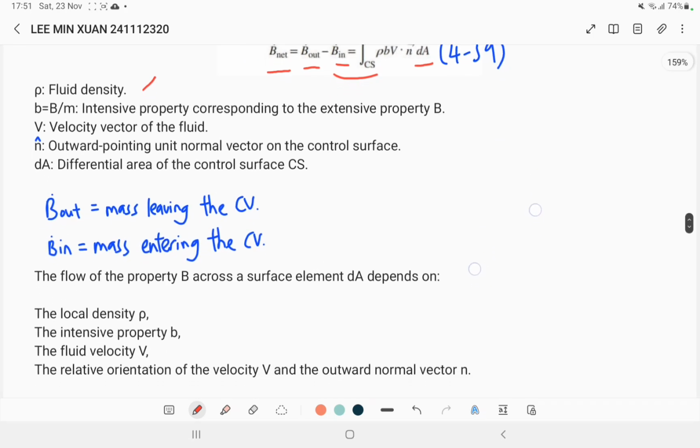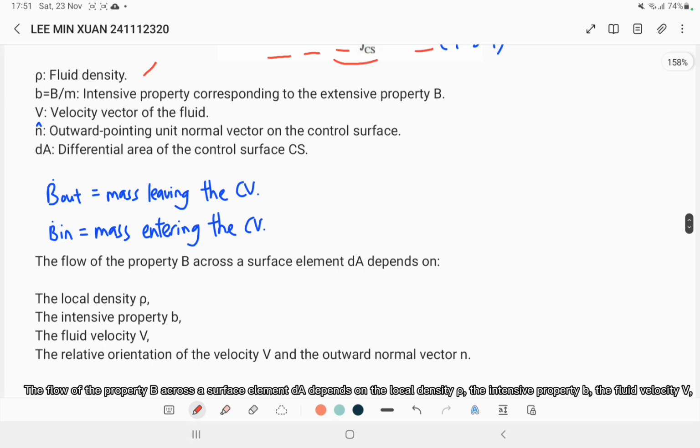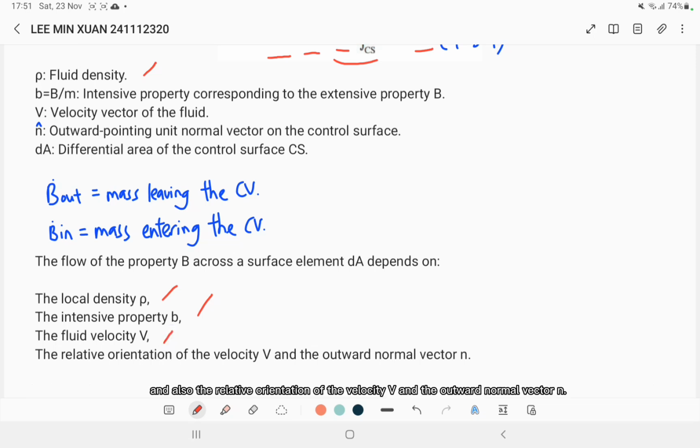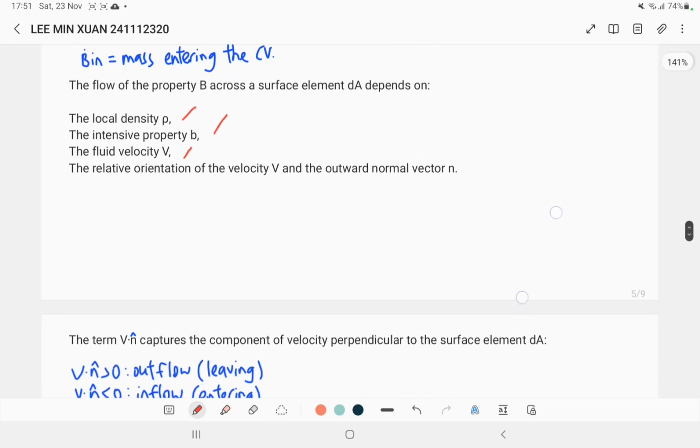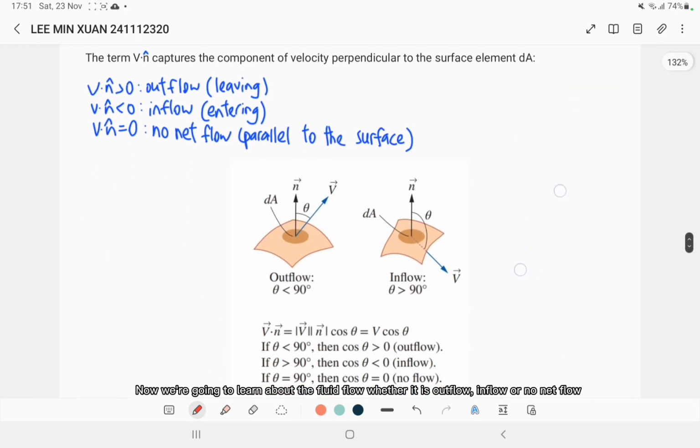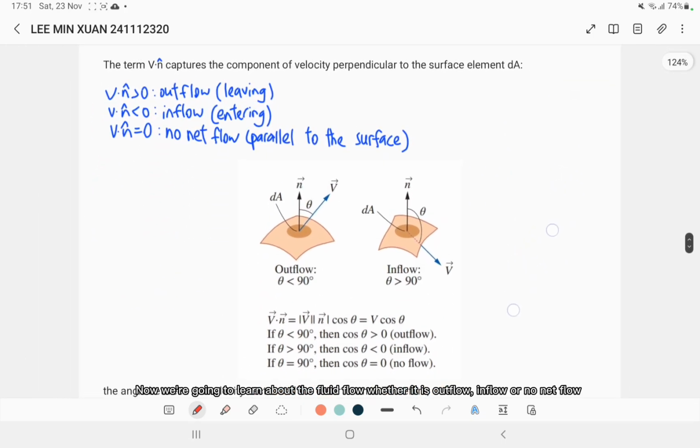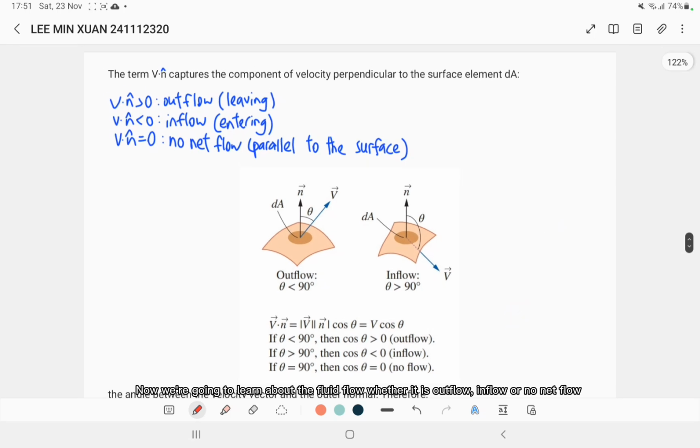The flow of property B across a surface element of differential area depends on the local density, the intensive property, the fluid velocity, and also the relative orientation of the velocity V and the outward normal vector n. Now we are going to learn how to determine whether the fluid flow is outflow, inflow, or no net flow.